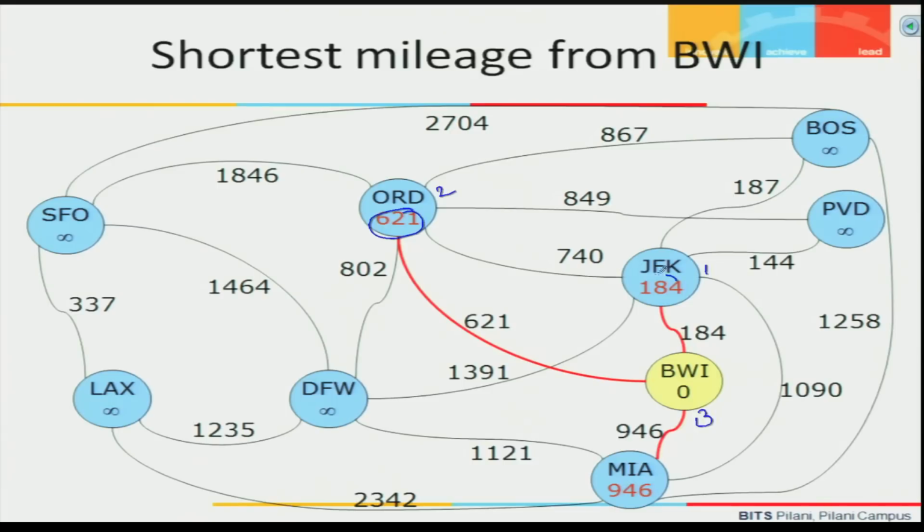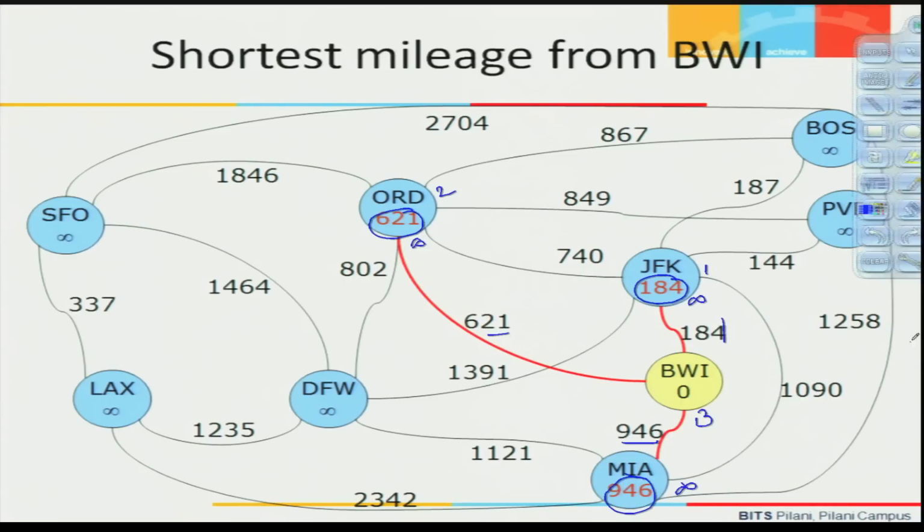Recollect, the d values initially were all infinite. So, as soon as we add the source to the cloud, we will update these d values which were infinite. Since infinite is bigger than any other integer, these are going to be updated to the weights of the edges which connect these vertices.